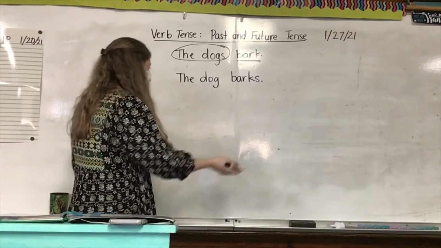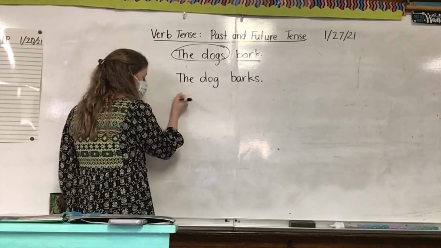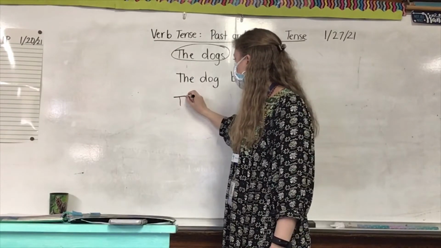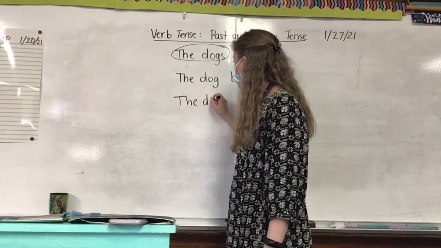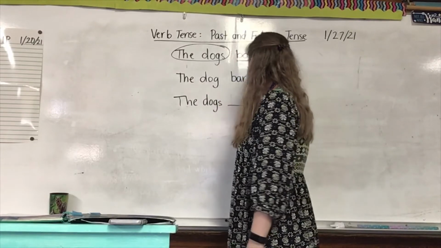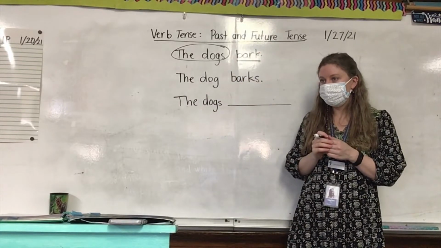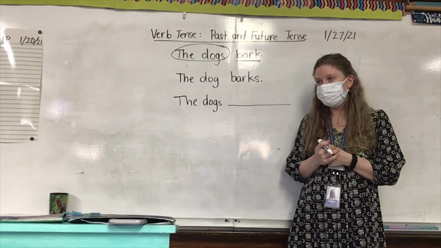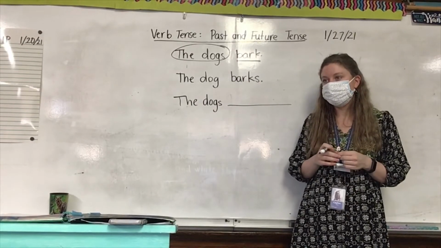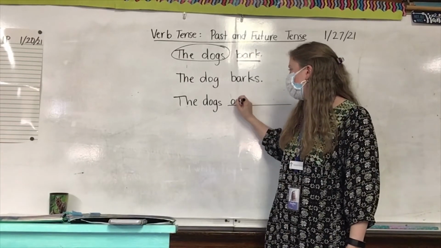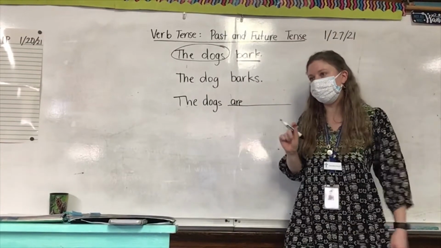Okay. Kingston, what about if I wanted to use is, a form of be? What would I do here? Would I say the dogs be barking? The dogs are barking. So if I have a plural subject, do I use is or are, Kingston?